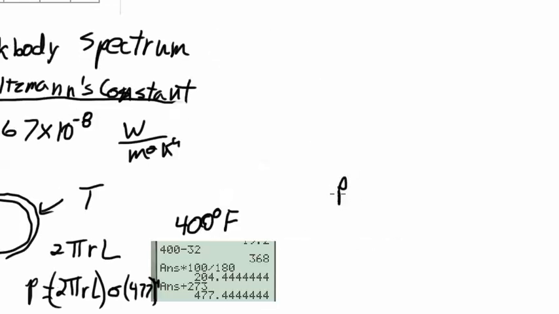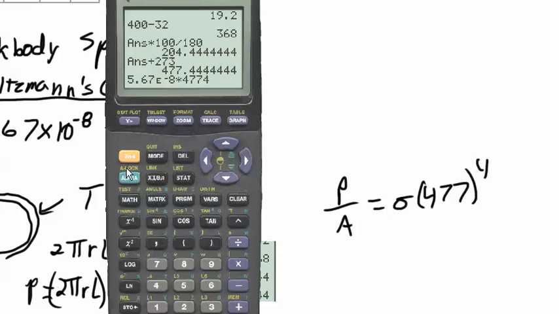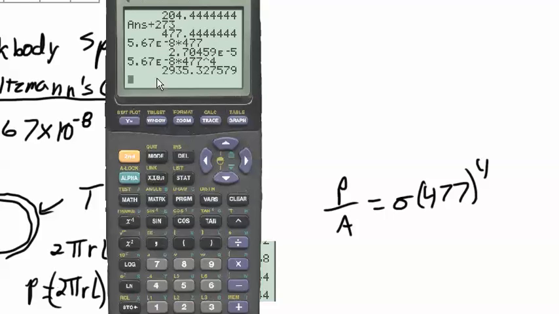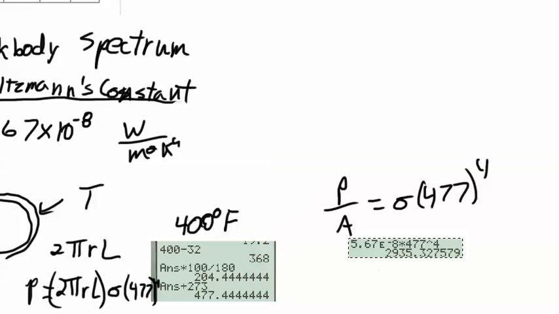Let's just make this a little bit easier on ourselves and figure out the intensity rather than the power. The intensity is going to be just sigma times 477 to the 4th. So that's 5.67 times 10 to the negative 8 times 477 to the power of 4, and we get 2,935 watts. No, that's watts per meter squared.